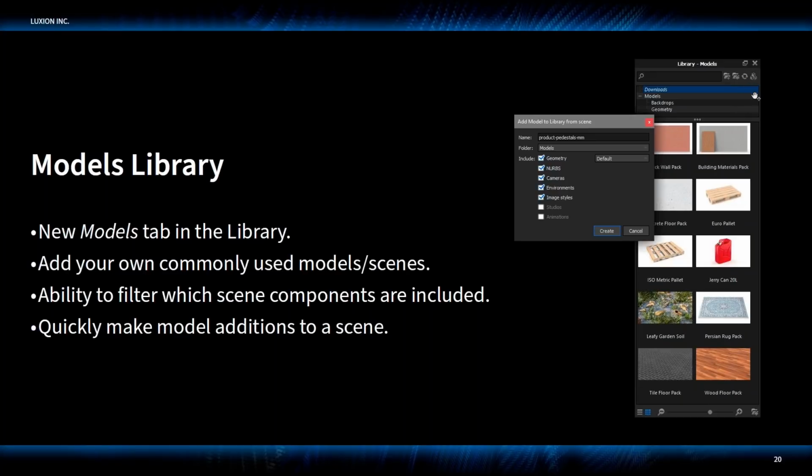So if you have scenes or models that you commonly use across a variety of scenes, you can add them there, and it makes it very quick to add those to your scene. You can filter out which components you would like to include or exclude when you're adding those to your library.